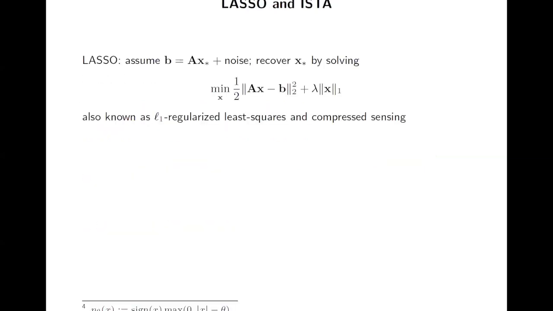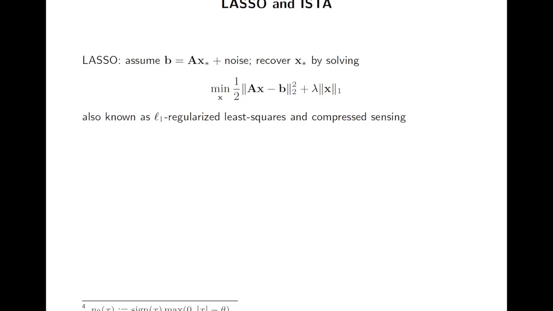Yeah. So now I will start from a very fundamental problem in statistics. It is lasso. Suppose now we have a signal x star. X star is a sparse and high dimensional vector, but we cannot directly access x star.